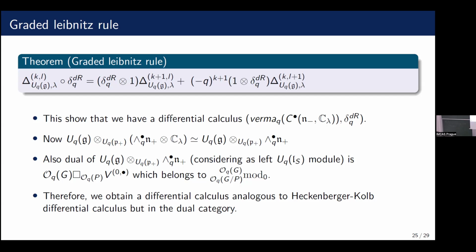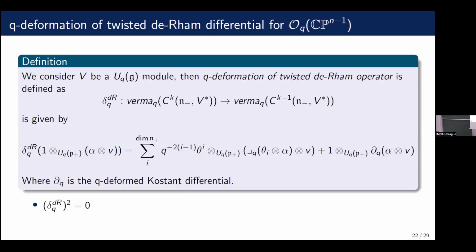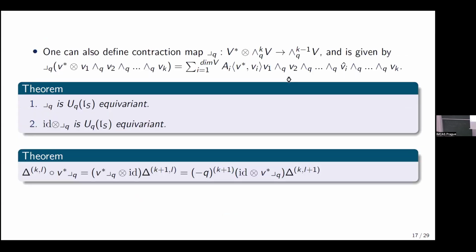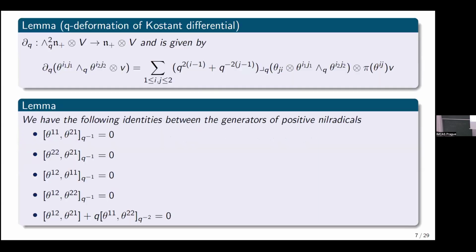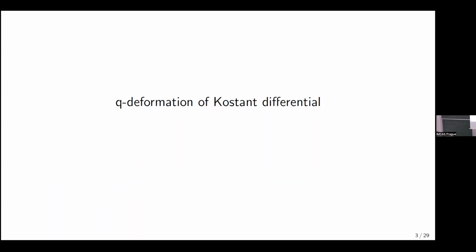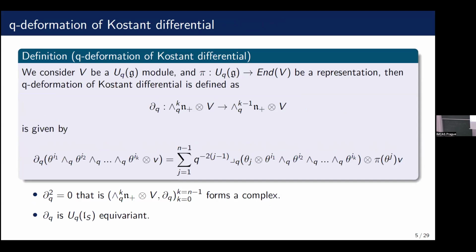Because if I go back to the formula here, you see that in the twisted part the action is by the positive nilradicals.